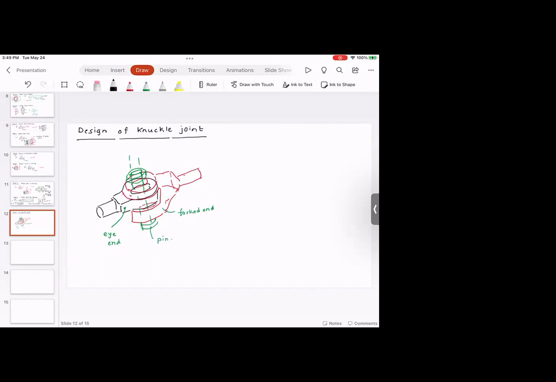So if you look at this joint in the front view, it's going to look similar to the Cotter joint, but what you have is a pin, not Cotter.